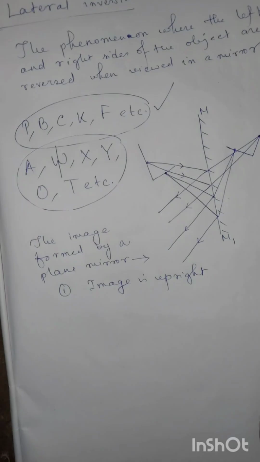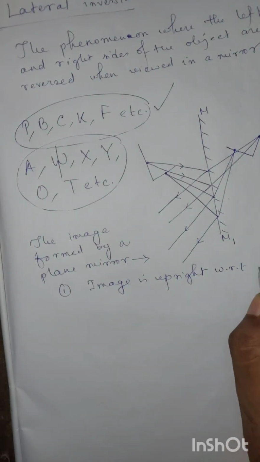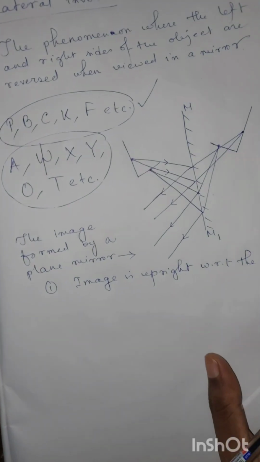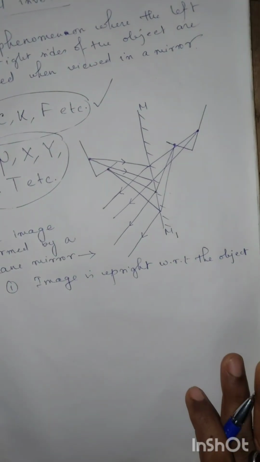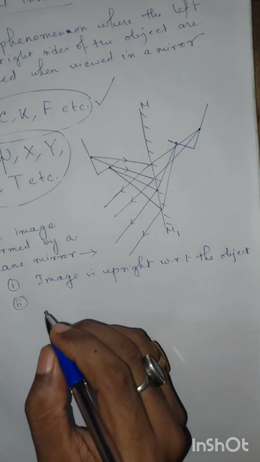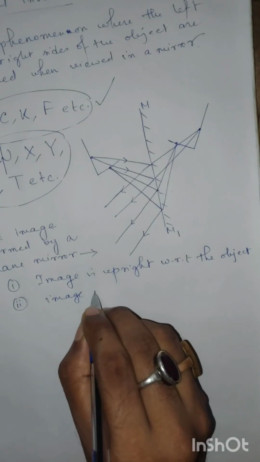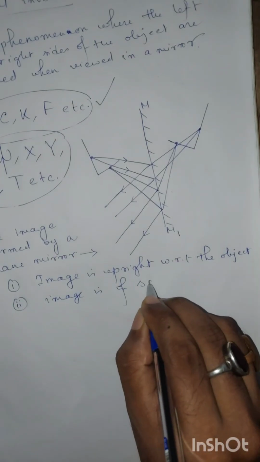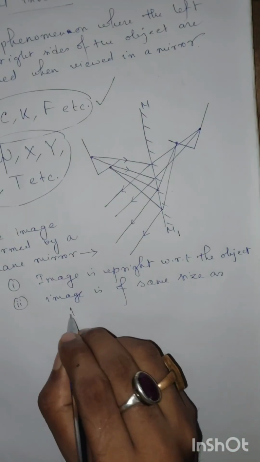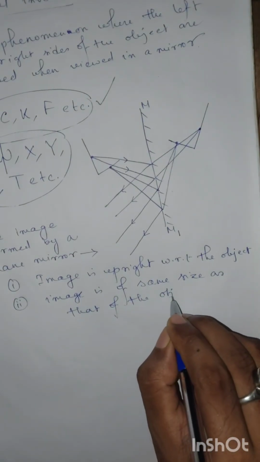The image is upright with respect to the object. Number 2, the image is of the same size as that of the object.